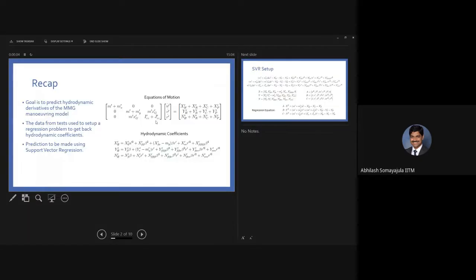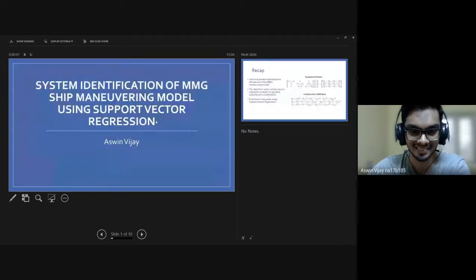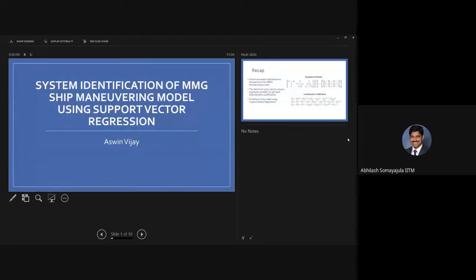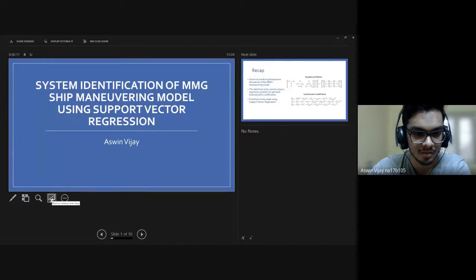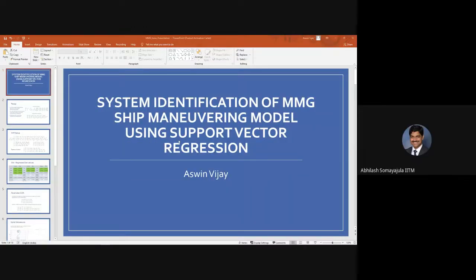Oh, is this visible? It is, but it is showing up in presenter mode for us. Yeah, it's showing the same for me too. Maybe it's in display settings at the top.